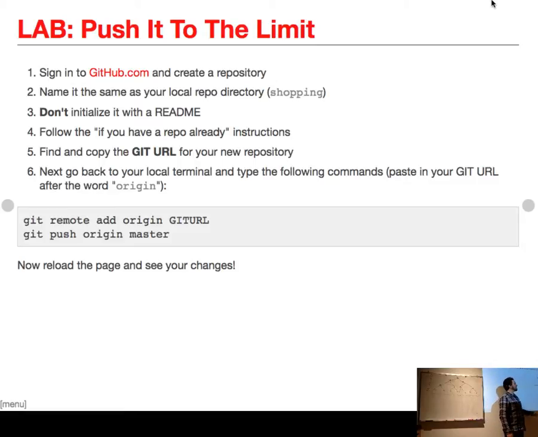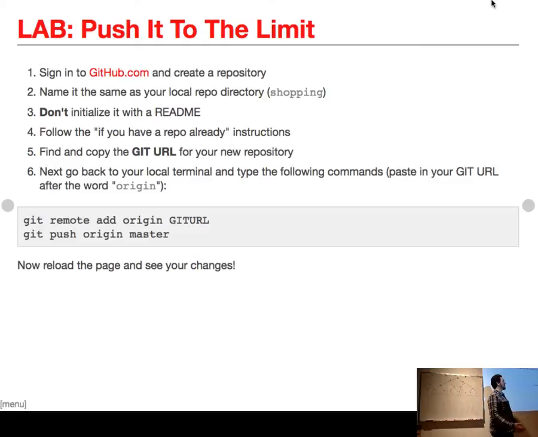And there's a good reason. Because when you do that without a README, on the following screen, there will be three options. One of those options will be, if you already have code in a repository and you want to push it up to GitHub, follow these instructions. So we're going to follow the instructions that they have set up for us. And then we're going to find and copy the Git URL from the newly created repository that we did.